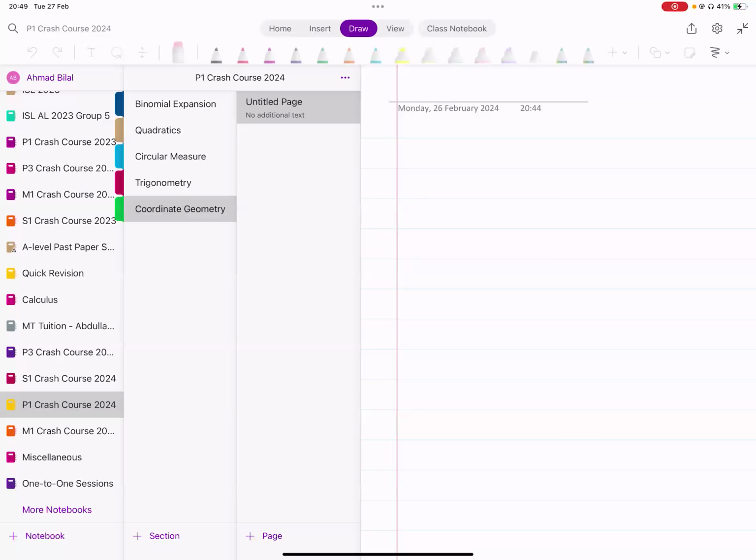All right. So in coordinate geometry, there are actually a lot of concepts that you already know from O levels. There are going to be a few new things, but apart from the equation of circle, most of the other concepts you're already familiar with, but still it's going to be important to remind ourselves about them.